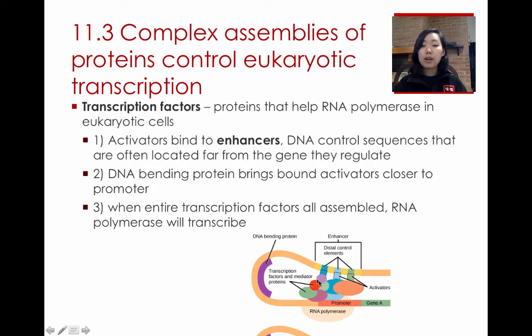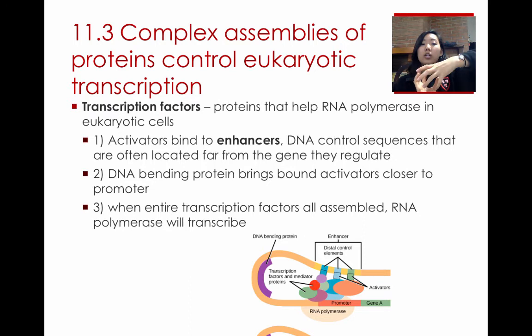So you'll have enhancers over here, which are far away, and activators get attached to them. And then there's a DNA bending protein that helps these enhancers, which are so far away, to bend forward and get close to where they actually need to be.